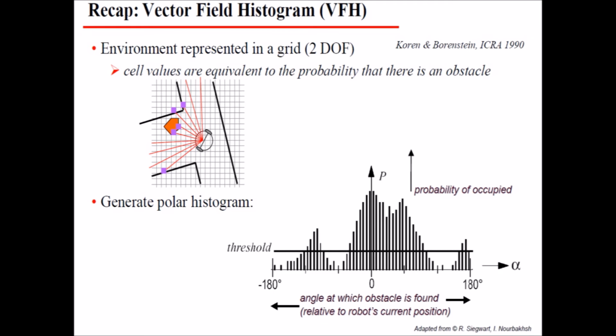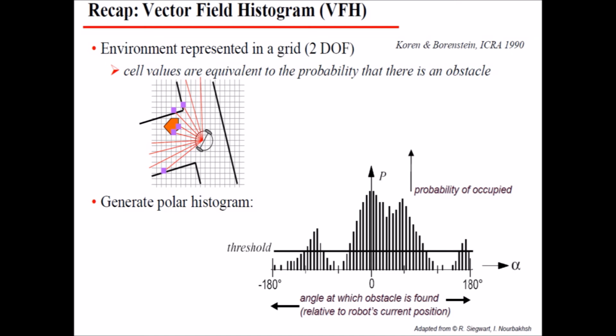So this is your robot with some sensor readings. This is the laser rangefinder, and this is the obstacle. This is the 2D map of the robot, which we also call the top field view of the robot. Based on this 2D reading, the next part for the vector field histogram is to generate the polar histogram, which is generated based on the sensor reading.